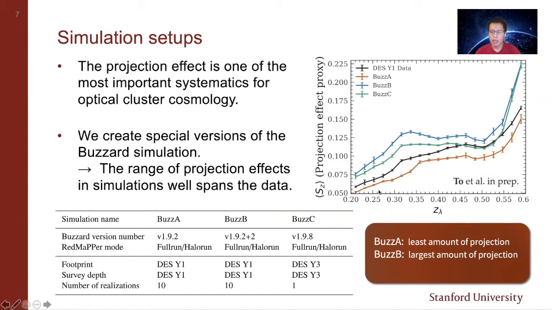Buzzard A, the orange line, is the one that has this amount of projection. And Buzzard B, the blue line, has the largest amount of projection. In both of these two simulations, we have 10 DES Y1 realizations. The green line corresponds to Buzzard C, for which we have one DES Y3 realization.